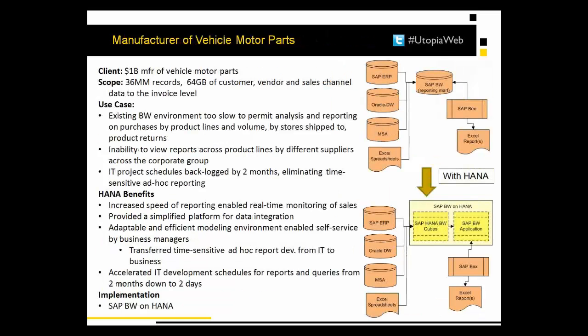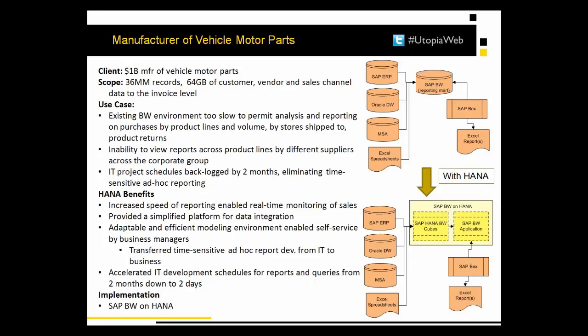The next one is a manufacturer of motor vehicle parts. And for them, they had a relatively small data set size, only about 36 million records, and about 64 gigabytes of customer, vendor, and sales channel data.